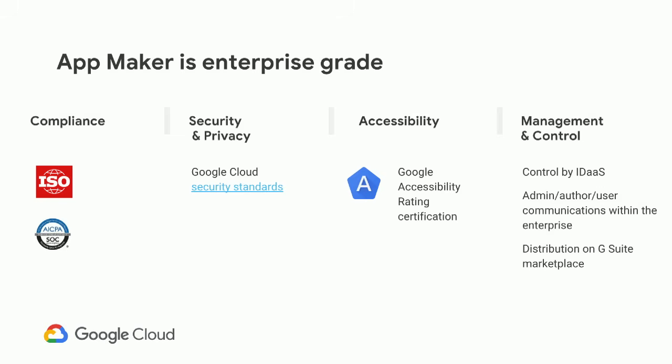At Google, we are committed to providing our best available services and principles with AppMaker. That's why we are compliant with ISO, and we're also up to the standards of Google Cloud with regards to security and privacy. Our product supports accessibility, so users with different disabilities can use it easily.